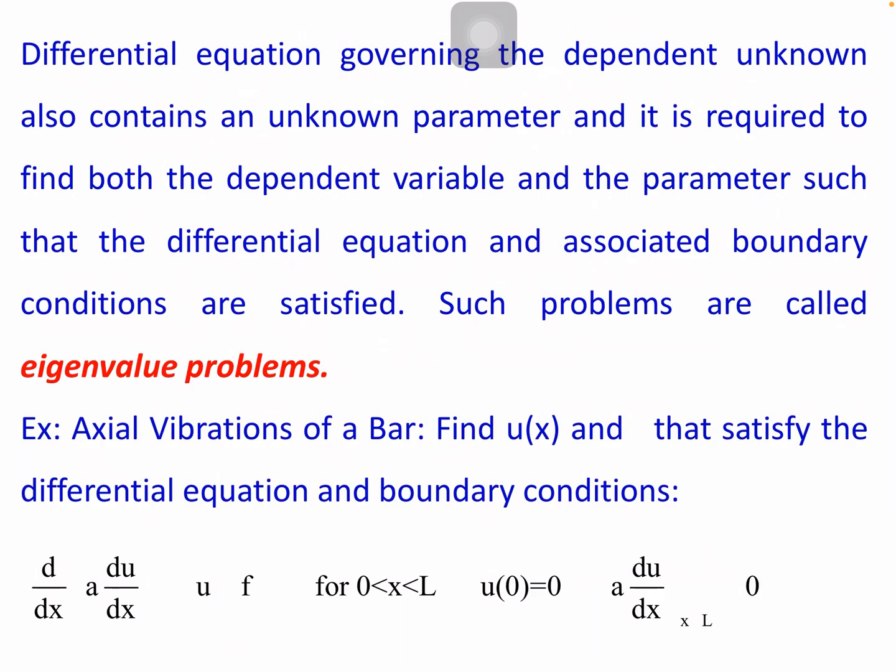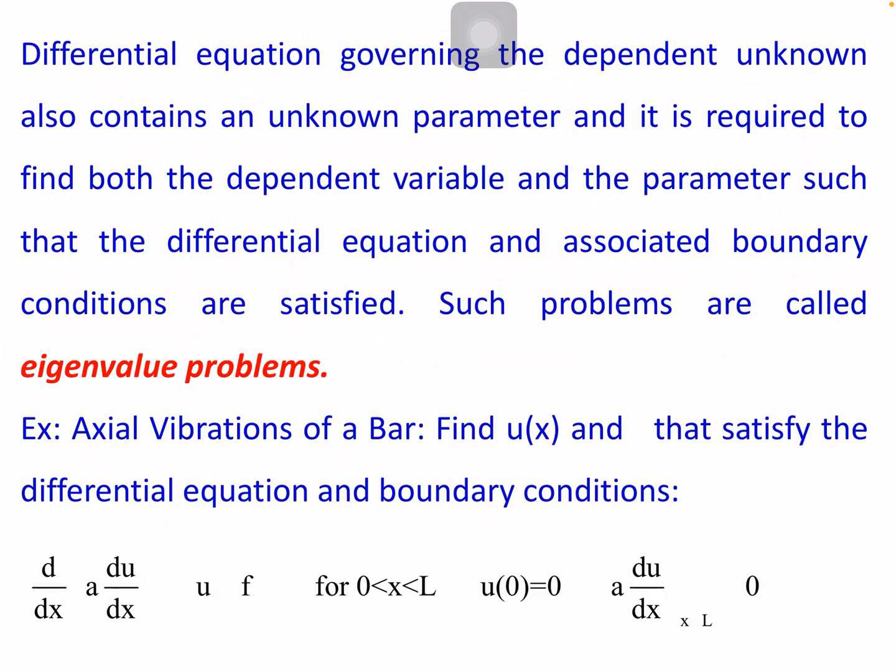Differential equations governing the dependent unknown also contain an unknown parameter, and it is required to find both the dependent variable and the parameter such that the differential equation and associated boundary conditions are satisfied. Such problems are called eigenvalue problems. In eigenvalue problems, what happens? You need to find out an unknown parameter.